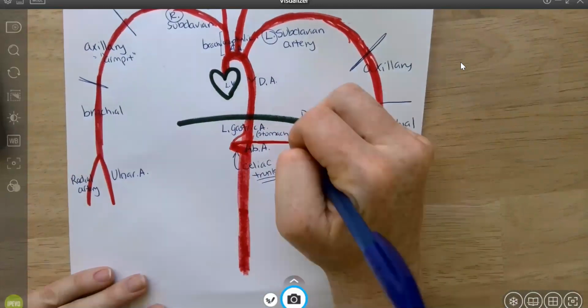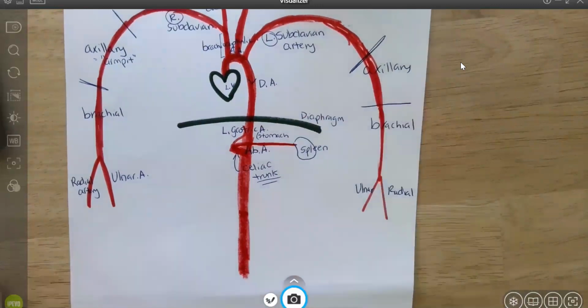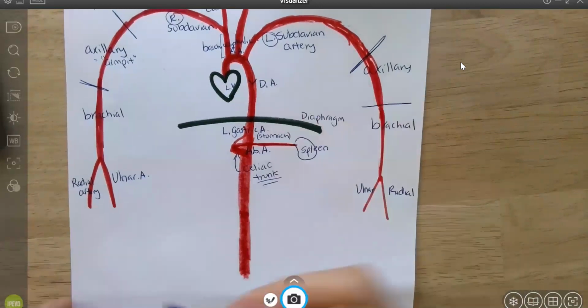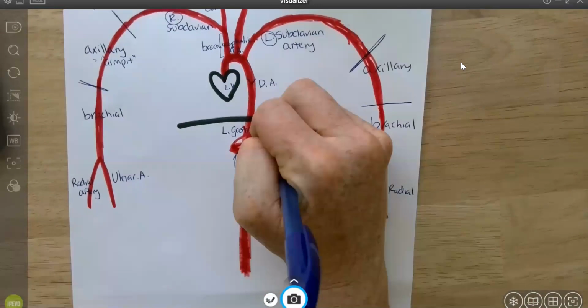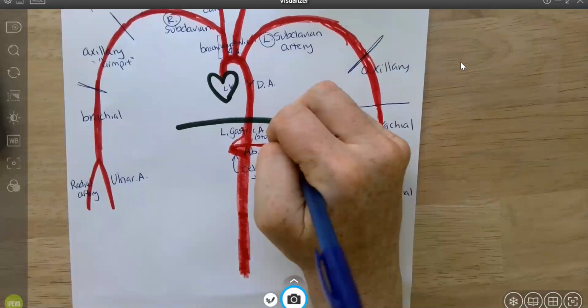Okay, so here's the spleen, which is just left of the stomach. And the spleen is going to be fed by the blood vessel that is called the splenic. So it's like spleen, but there's only one E, splenic artery.